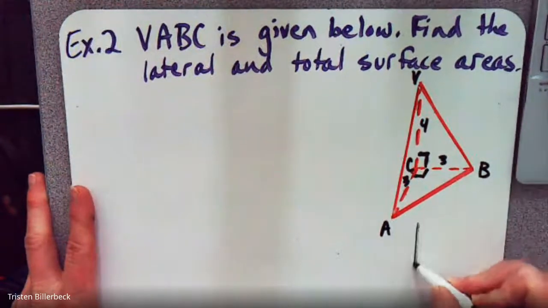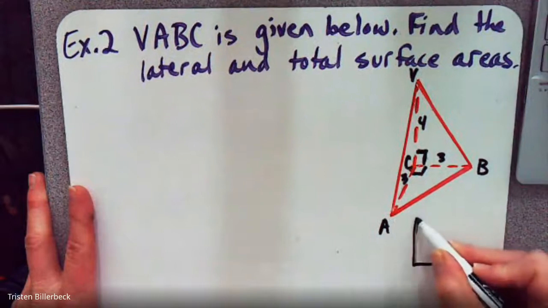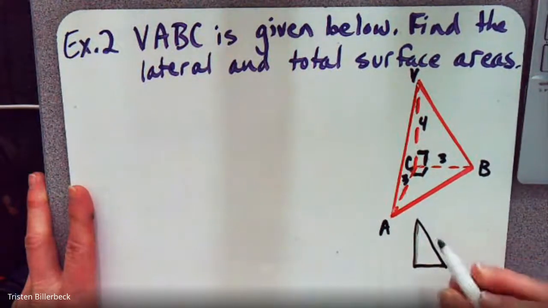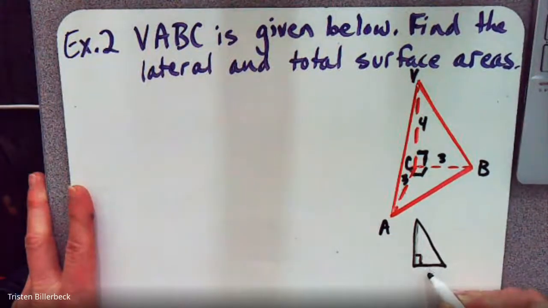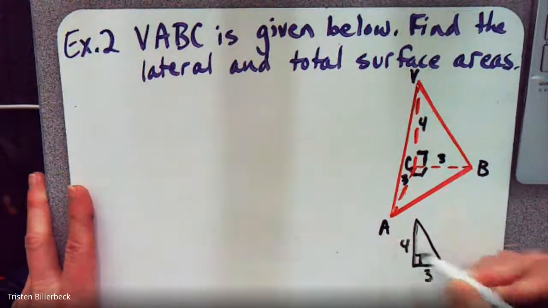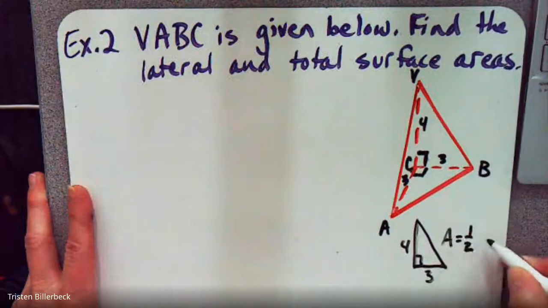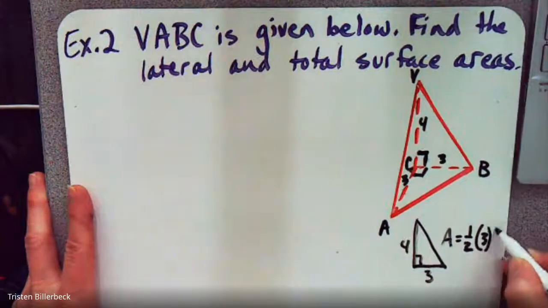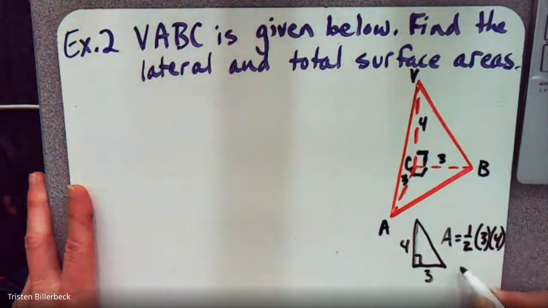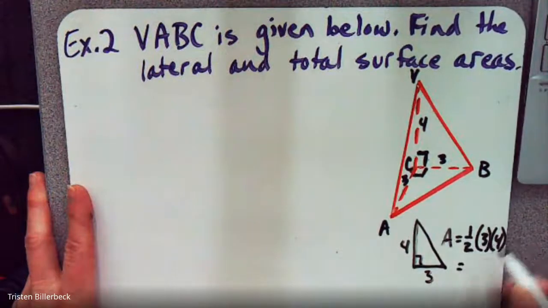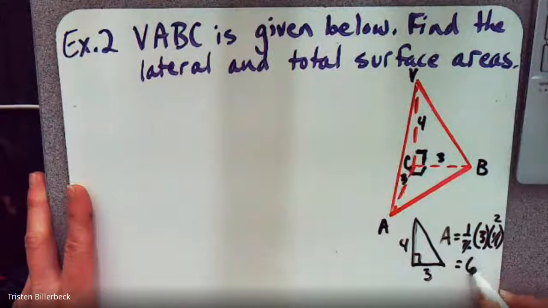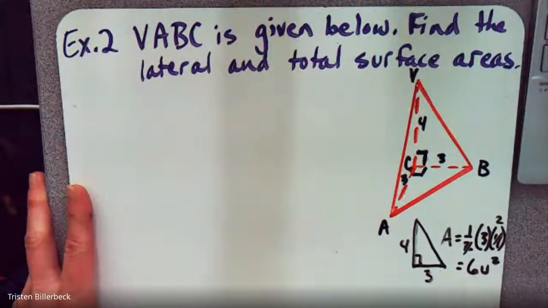So I have two triangles that look like this, if I draw them separately, with sides 3 and 4. So that area is 1/2 base, which is 3, times 4. If the 2's cancel here, it becomes 6 units squared.